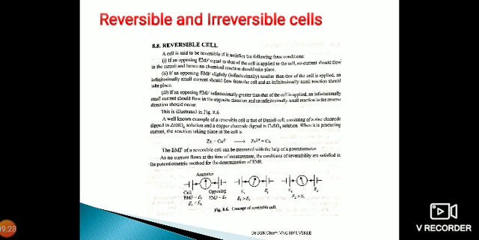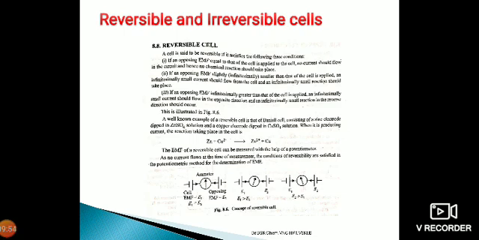The second condition is if an external EMF slightly greater than the actual EMF of the cell is applied to it, the current will begin to flow in the opposite direction and the cell reaction gets reversed. You can refer to diagram 3, where the applied EMF is more than the cell EMF. In such a case, the direction of the cell reaction will be reversed.